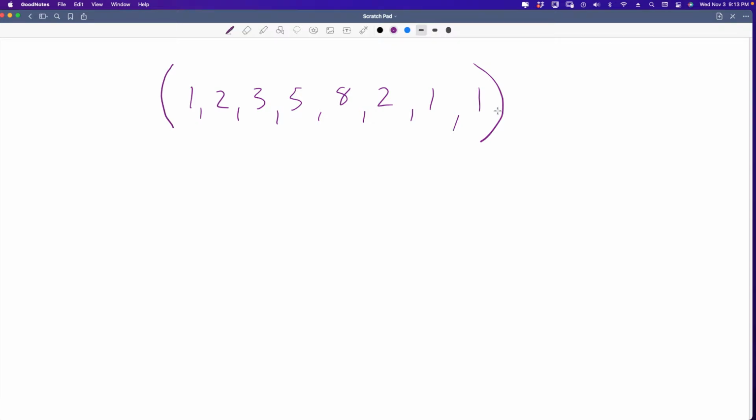I'm going to call this set B. The way we would write about set B, we would say that B is equal to 1, 2, 3, 5, and 8. We don't care that 1 is in there 3 times and that 2 is in there twice.